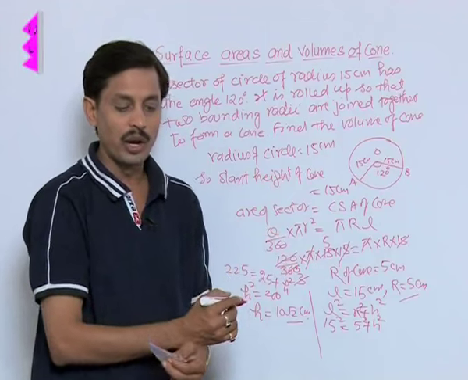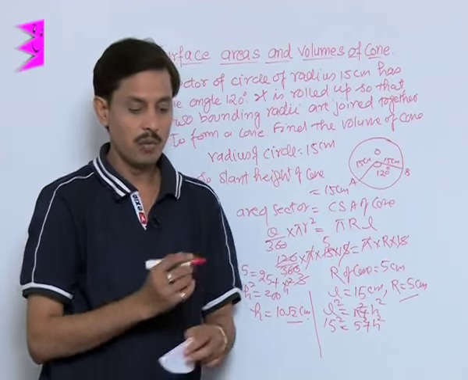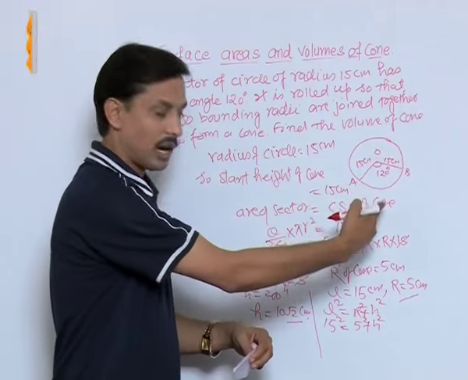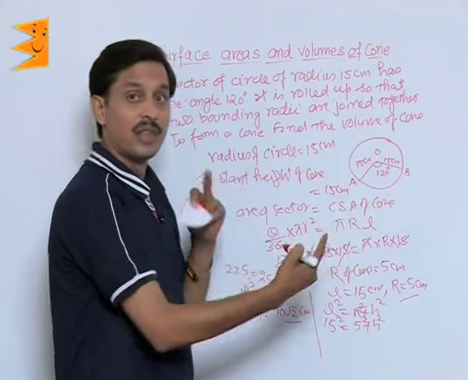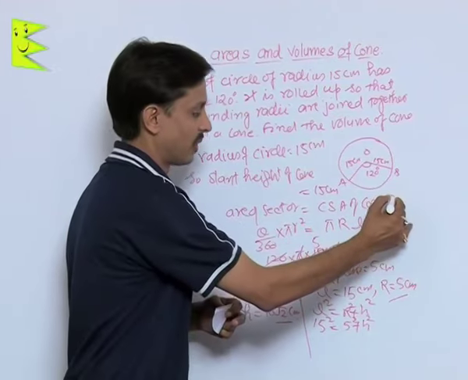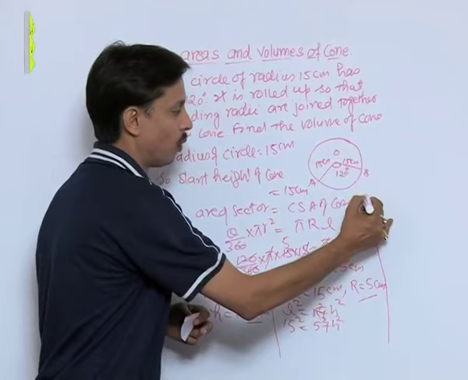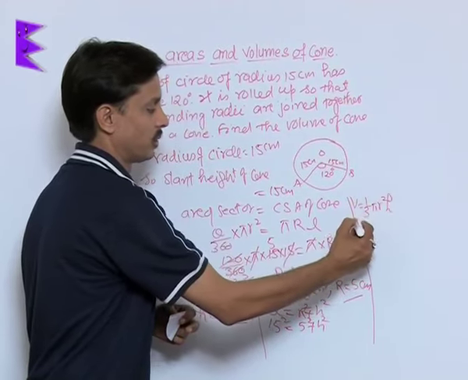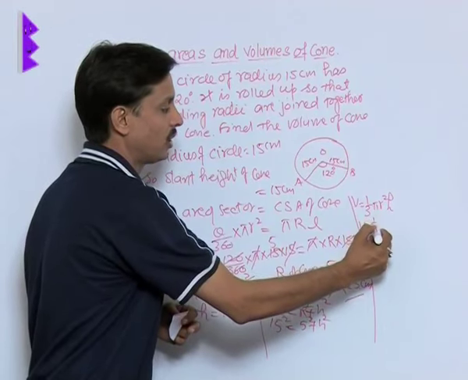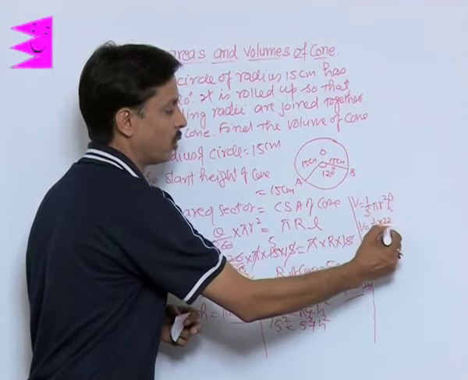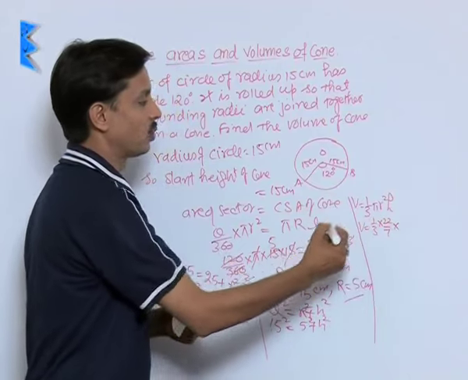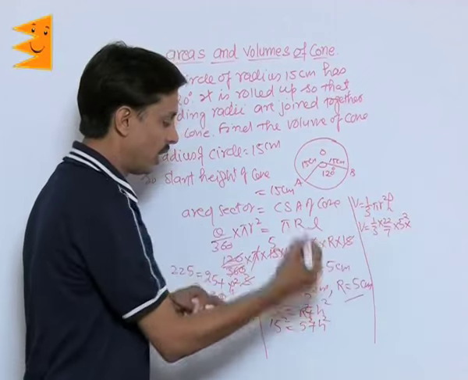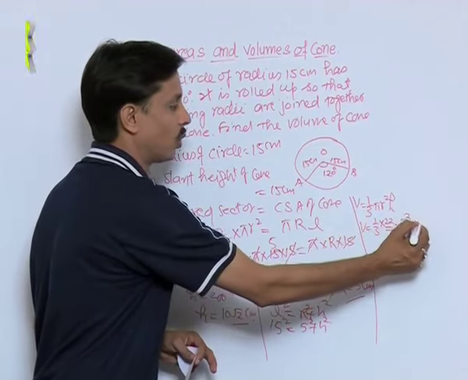What do we want to calculate? We want to calculate its volume. So to calculate its volume, what will we do? I will give you the calculations here. The volume of cone is 1 by 3 pi r square h, which becomes 1 by 3, pi means 22 by 7, and r square, the radius of the cone is 5, its square, into height, which is 10 root 2.